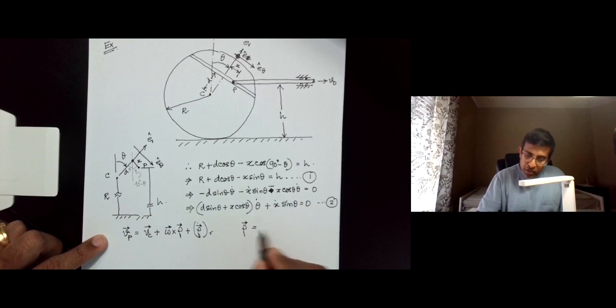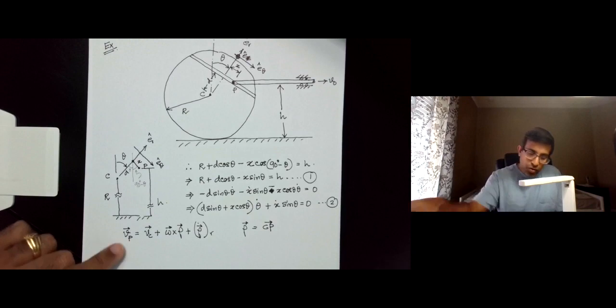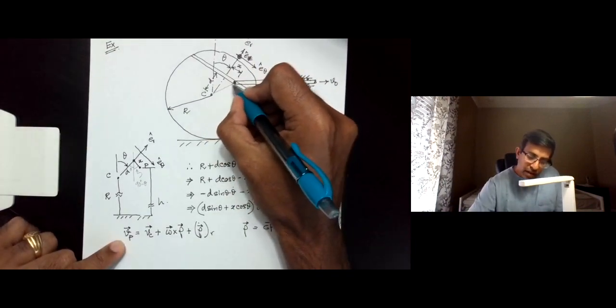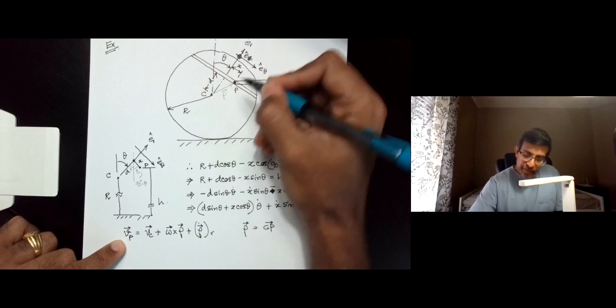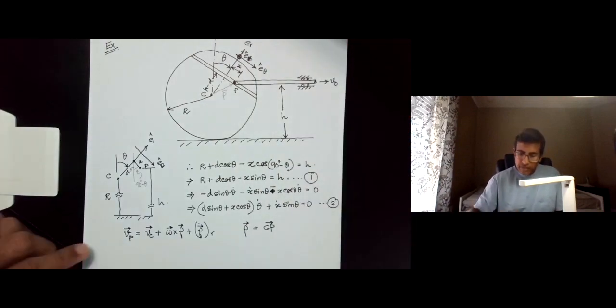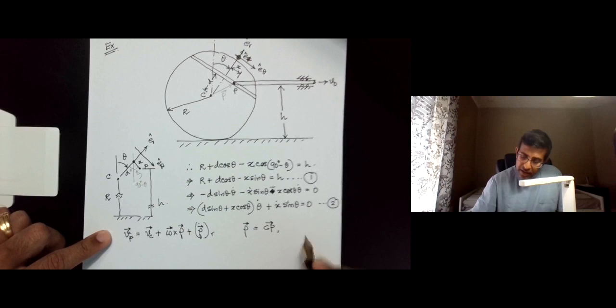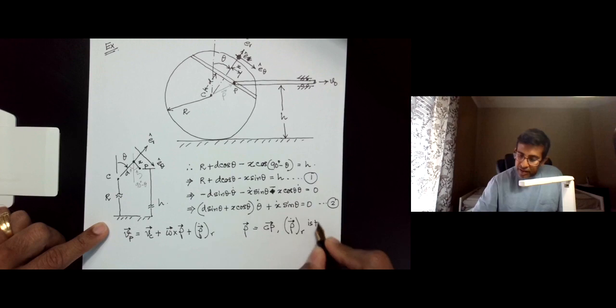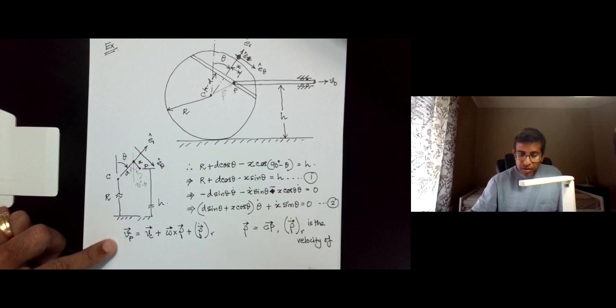Rho is equal to the vector going from C to P. Rho is this vector, okay, and rho dot r is the velocity of p within the rotating reference frame.